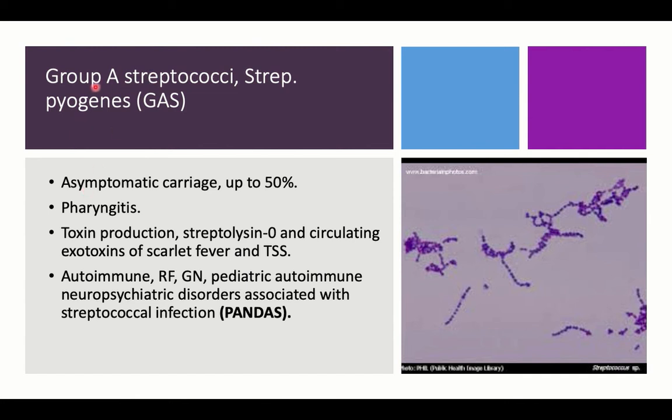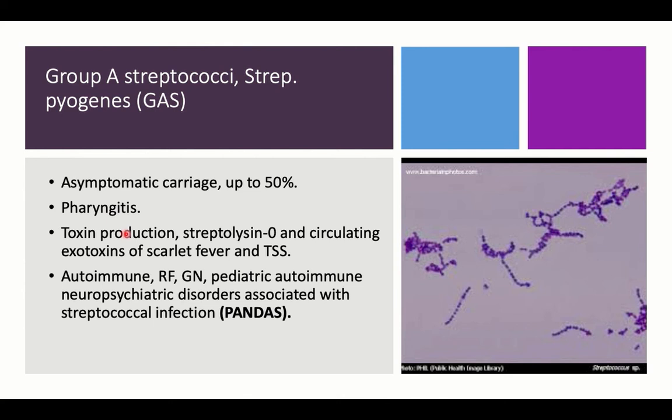Starting with group A beta hemolytic streptococci or GAS or Strep pyogenes, there can also be asymptomatic carriage, present in up to 50% of the population who have streptococci as commensals. It is the most common organism usually implicated in pharyngitis.